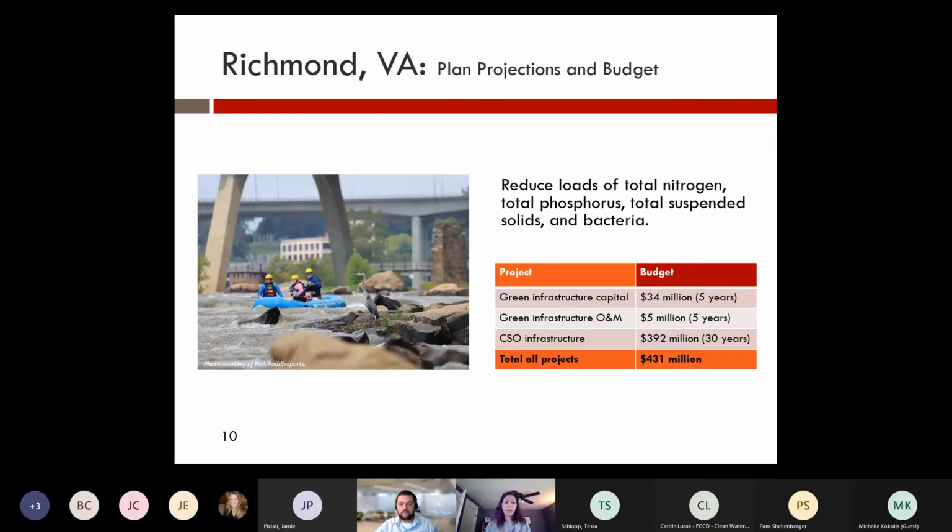They looked at the costs of what the operation and maintenance would be for those green infrastructure projects, and they looked at combined sewer overflow infrastructure projects. And so the cost to implement the plan was about $431 million. And that's what they proposed to put in their permits as related to the integrated plan, among many other things that were going on in the city.